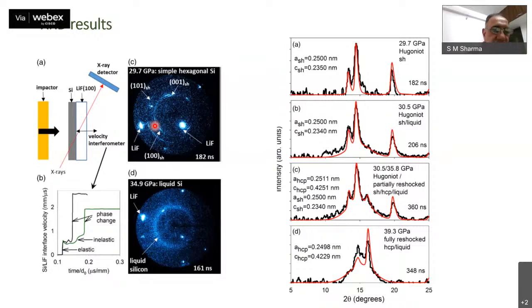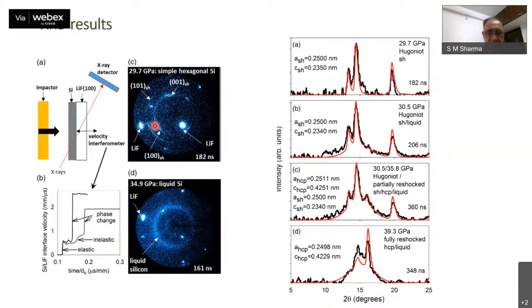So to see a transformation in which the cubic phase directly transforms to a simple hexagonal phase is in its own right a very interesting result. Nobody could have obtained this result from static experiments, because in static experiments you cannot directly compress the cubic phase into a higher phase without going through the intervening phase.